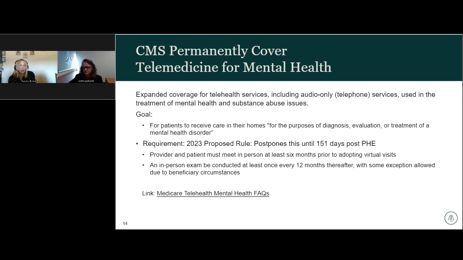One of the things I want to make sure that people understand is that while the permanency has come forward with telemental services, and that's the big buzzword right now, telemental, these services are not permanent for our family practice doctors, right?